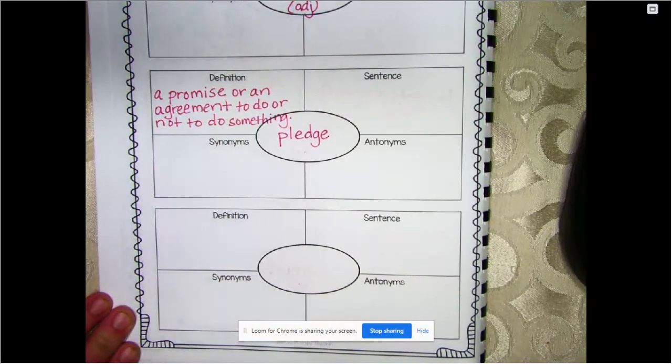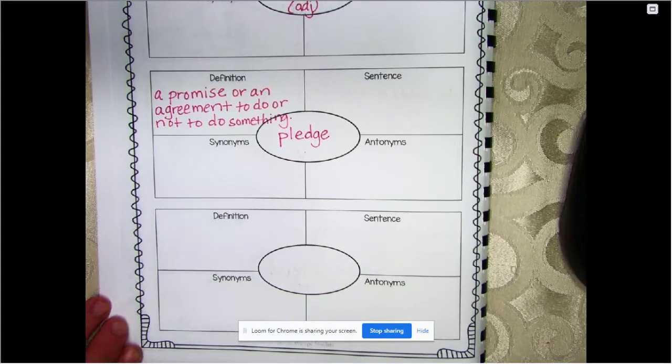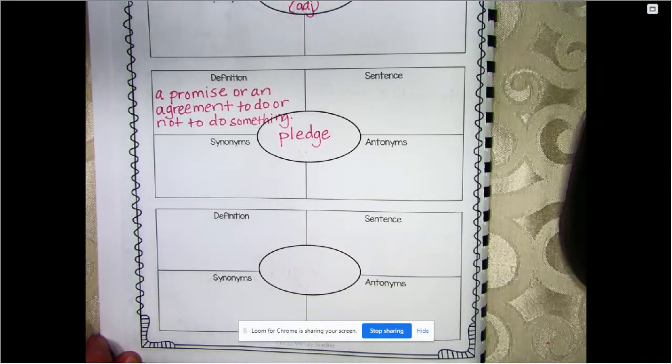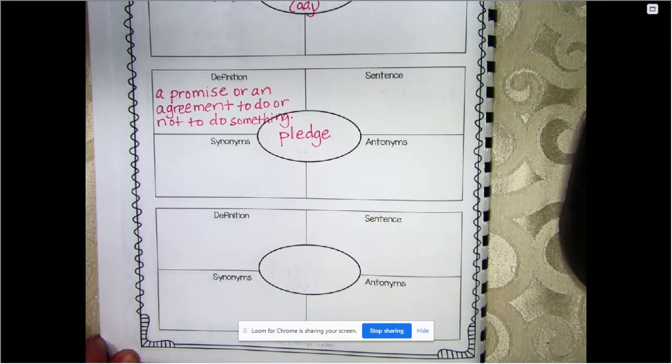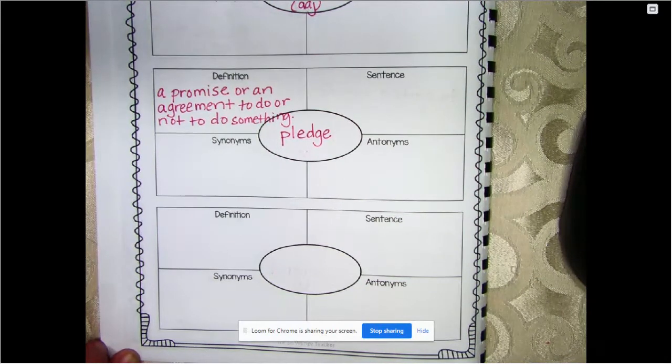So if you are going to join a club, you might have to promise that you are going to do certain things, or you have to promise that you're not going to do certain things. So when you're doing the RAD program, when you get to be 4th and 5th graders, you're pledging to be drug-free.